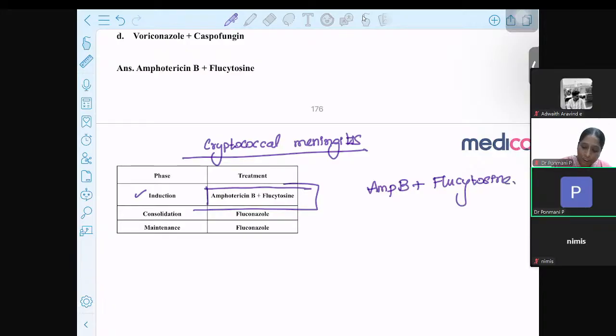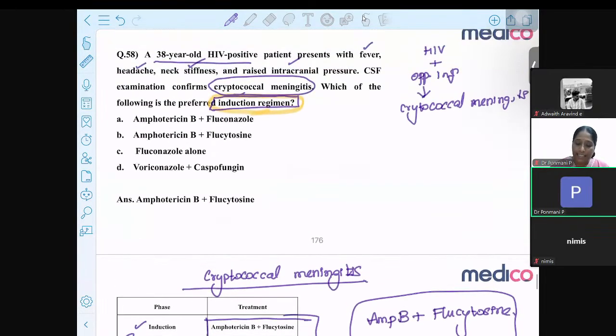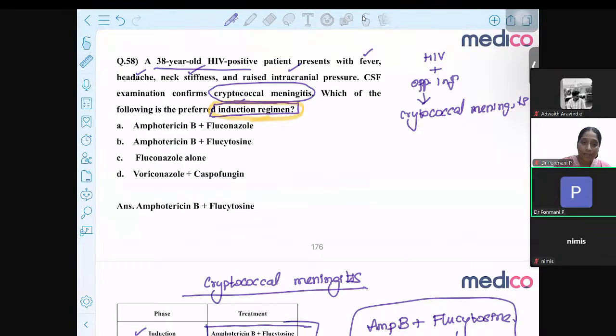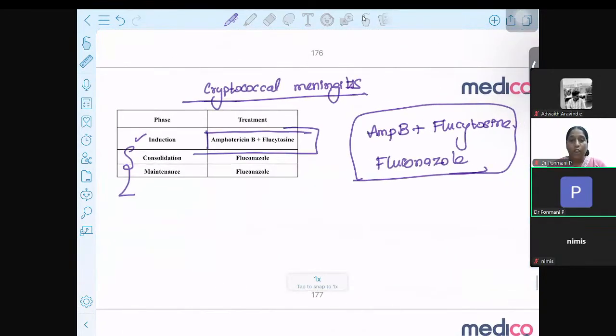And under consolidation and maintenance therapy, you're going for the azole, which is fluconazole. Okay. So these are the only drugs which are used for cryptococcal meningitis. And since they are asking the induction regime, the answer is going to be amphotericin B and flucytosine.